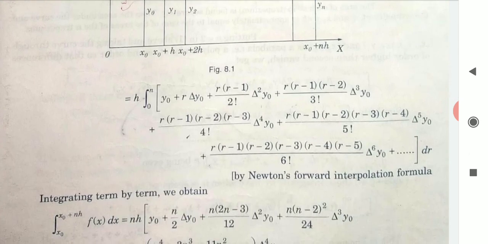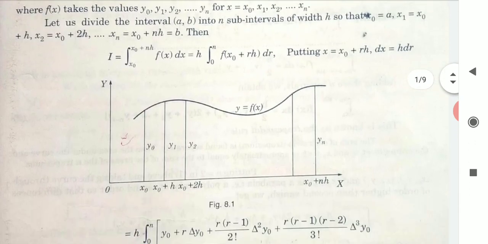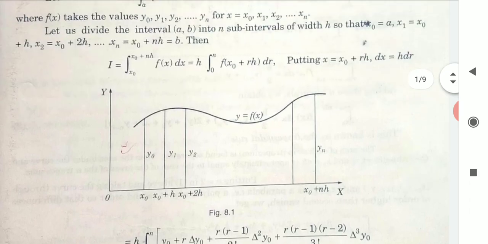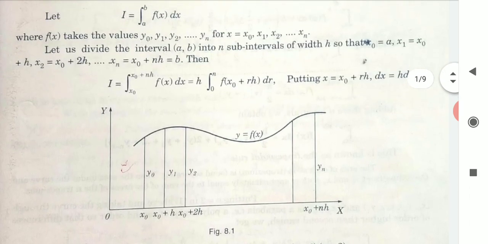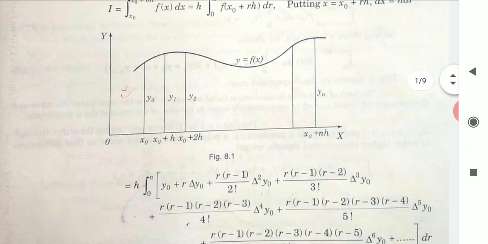Moving to the next step, h will be outside, integration 0 to n. Now f of x naught plus rh is there. You know what f of x naught plus rh is? It is nothing but f of x, is it not? We have seen interpolation techniques.